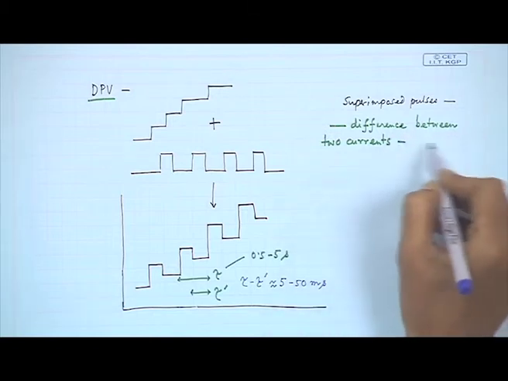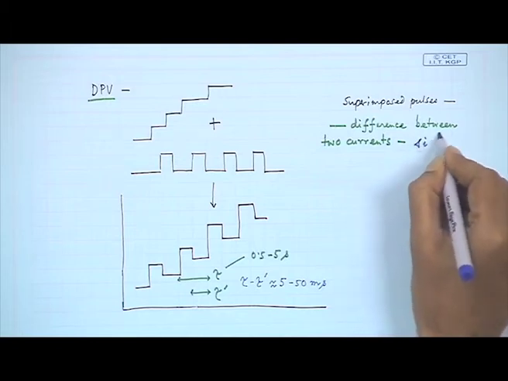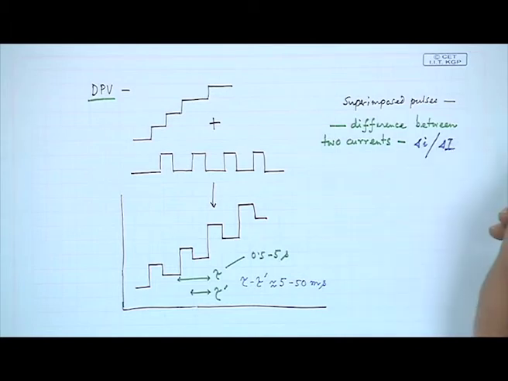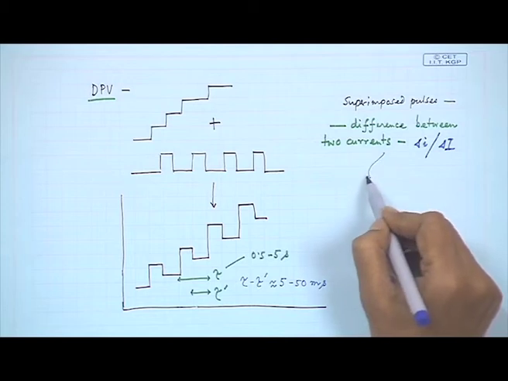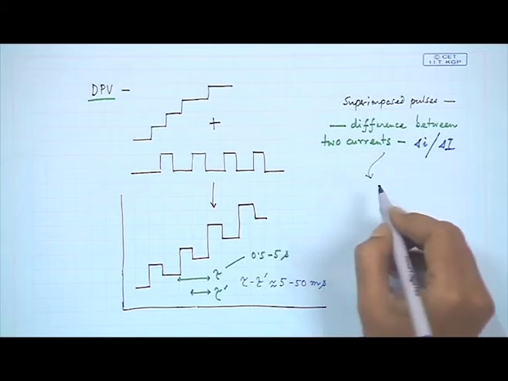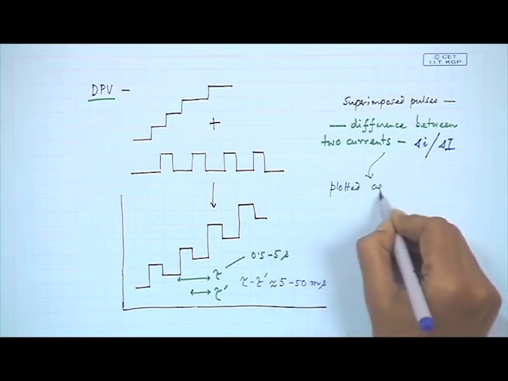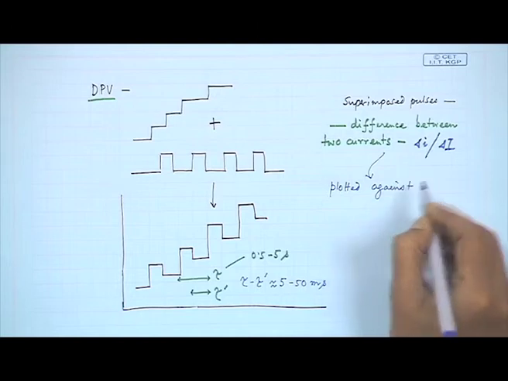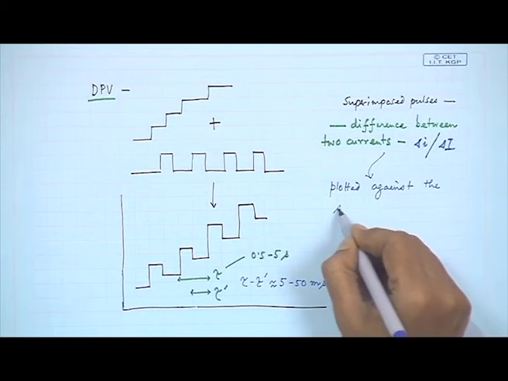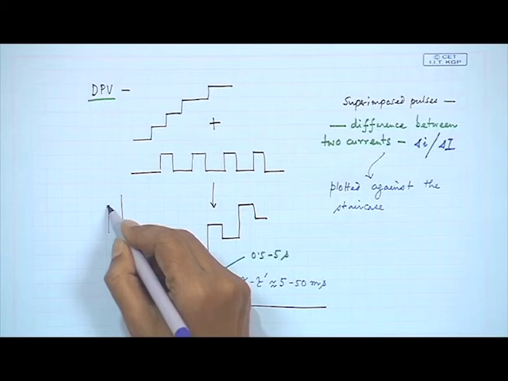So, you get the difference between these two currents. This difference in current, which you can consider as delta I or del I, we plot against the staircase potential, because this potential is changing.